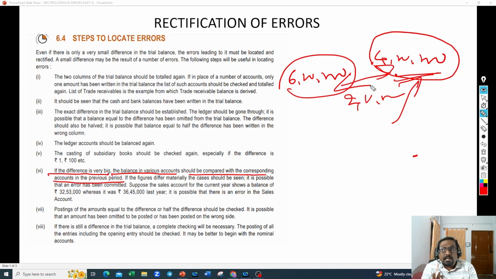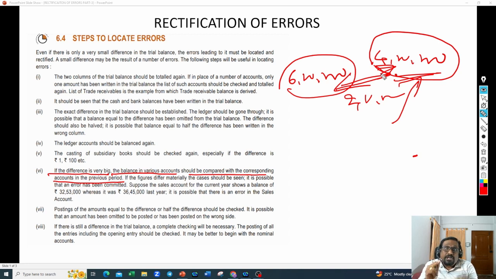Not necessarily. Maybe my sales would also have been reduced to that extent. I'm not denying it. But there is a possibility that some mistake has happened in this, and you can cross check that. If there is no difference and 4 lakhs is the right figure, please go ahead and continue identifying the difference.